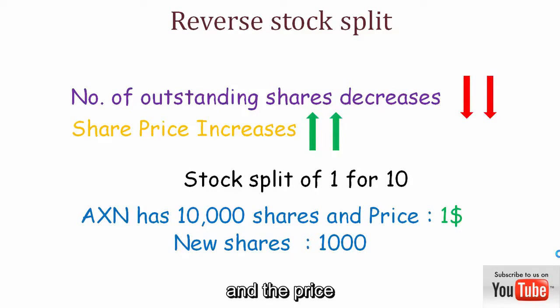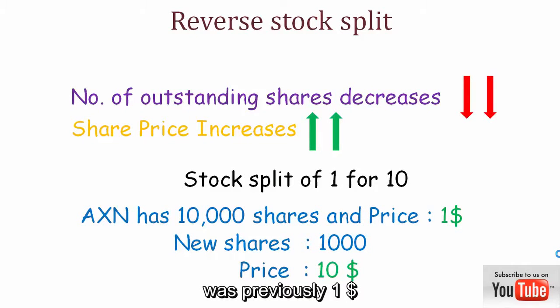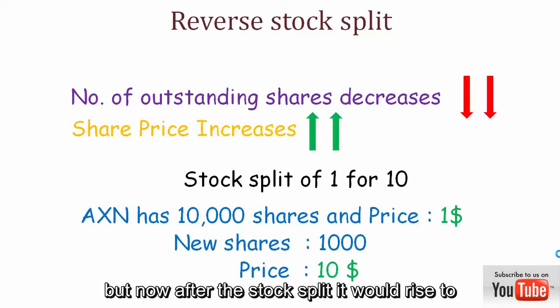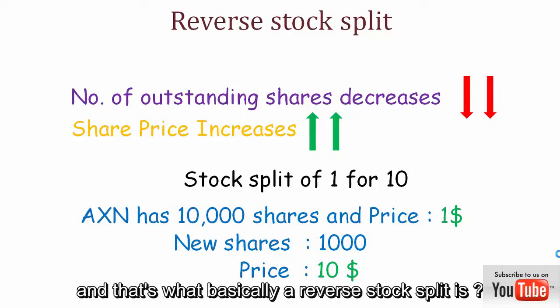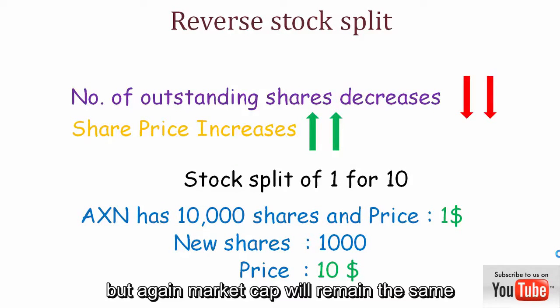And the price was previously $1, but now, after the stock split, it would rise to $10. As the shares have been reduced, the price has been increased proportionately. And that's basically what a reverse stock split is. But again, the market cap will remain the same.